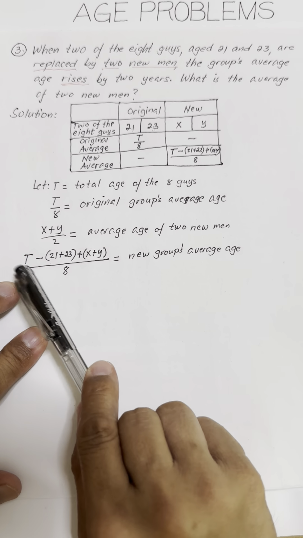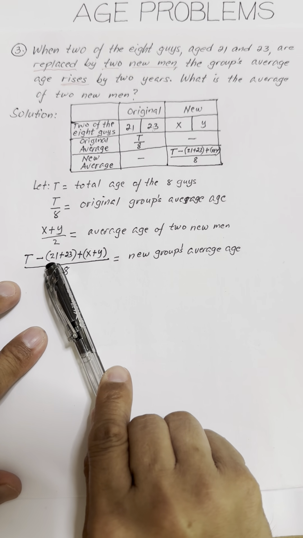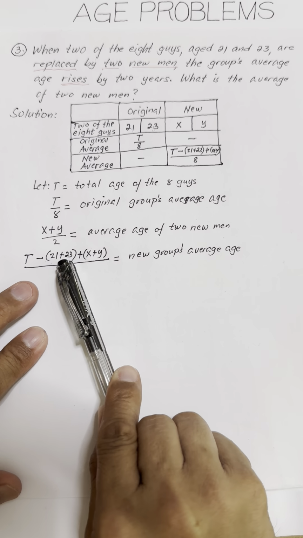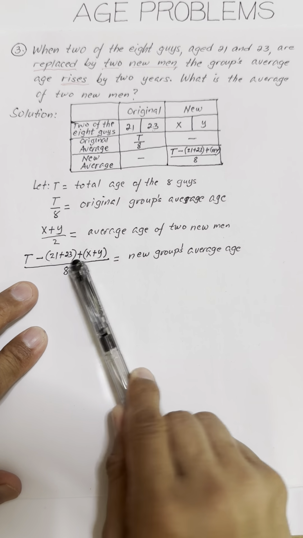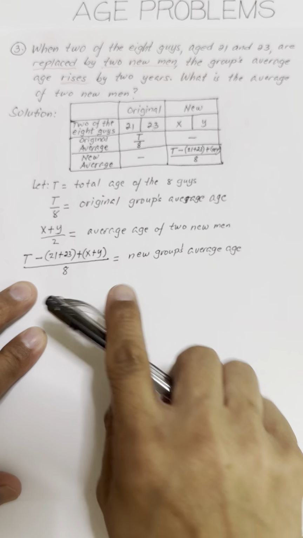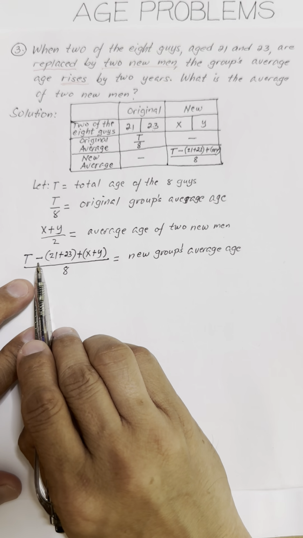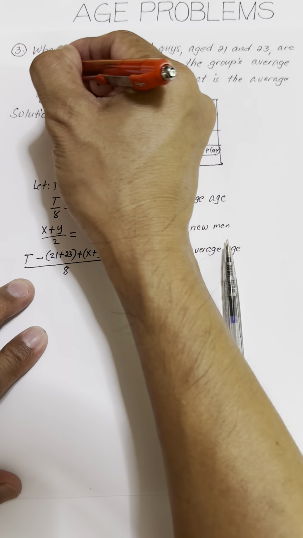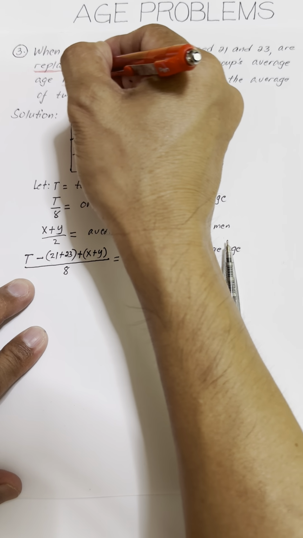That's why we have the expression t minus 21 and 23. Replace means minus. The word replace means minus.